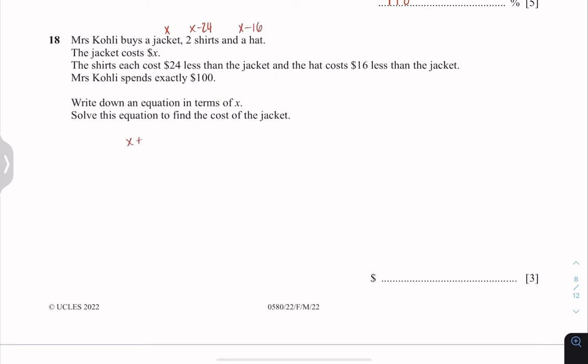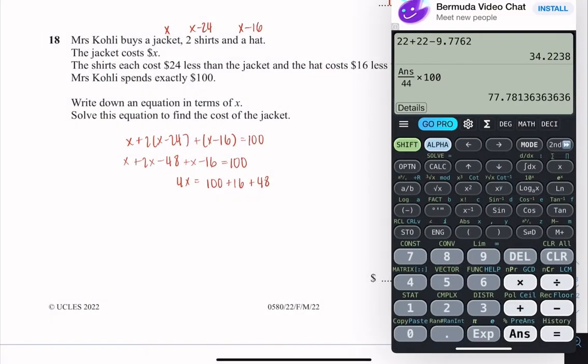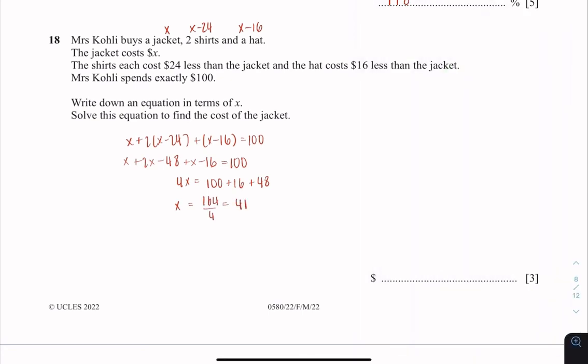When you add all of these together, it equals 100, because Mrs. Coley spent exactly $100. So I'm getting 4x equals 100 plus 16 plus 48, which is 164, and I'm going to divide that by 4, giving me 41.